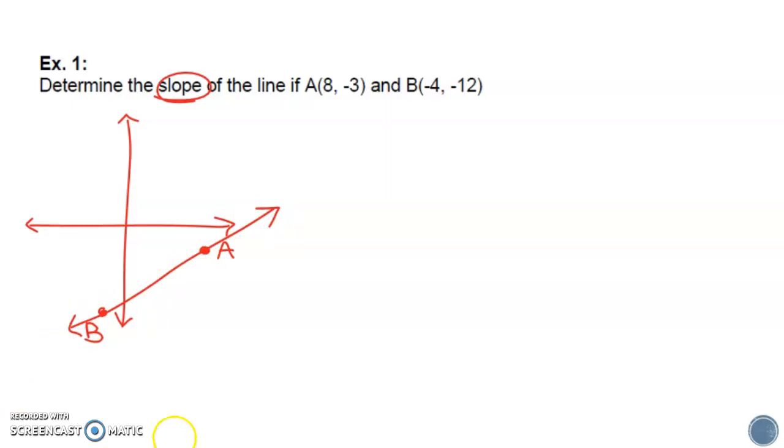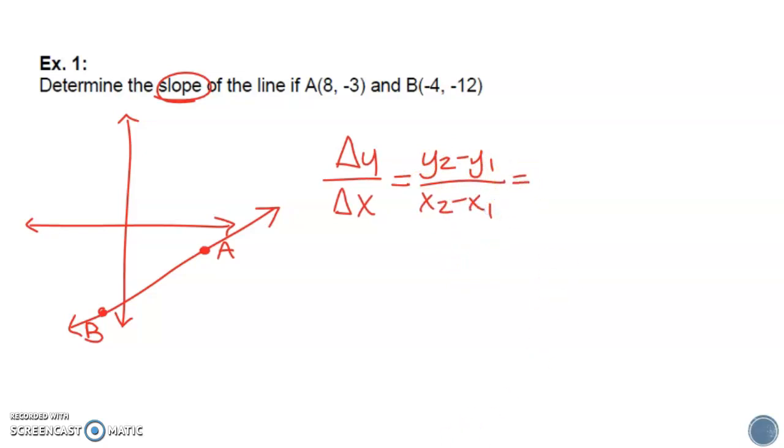So if I find the slope, I need to find the change in y's over the change in x's. So my change in y's would be y2 minus y1, and my change in x's would be x2 minus x1. So I'm going to label my points. Point A is going to be my first point, and point B is going to be my second point. So I have -12 minus -3, and I have -4 minus 8.